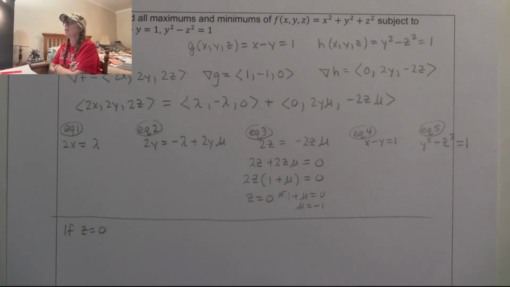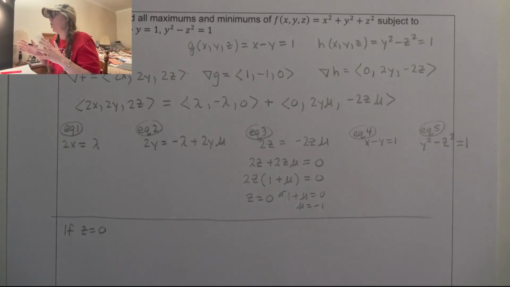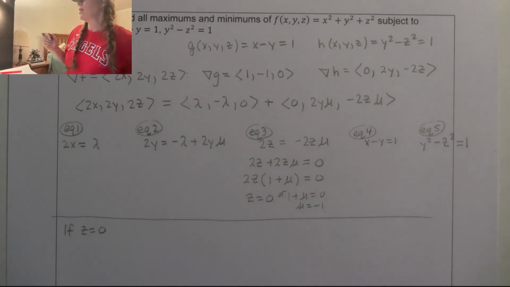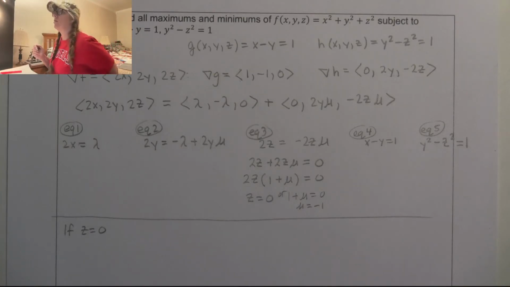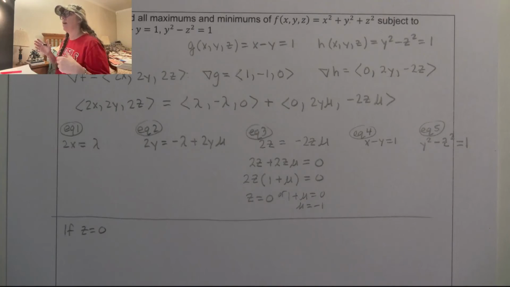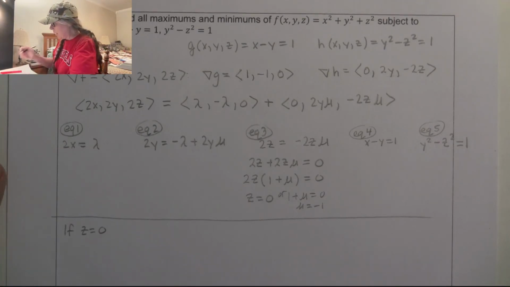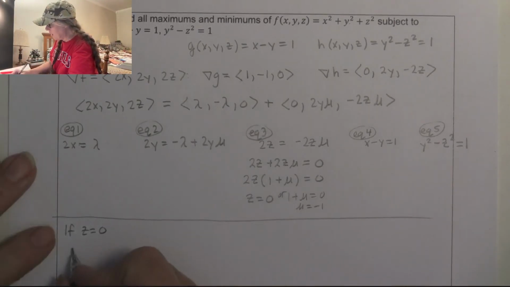Can you see that if I use equation 5 with z is 0, I can find y? It seemed hopeless, right? But all of a sudden, I know a value that solves it. There might be more than one value that solves it, but I know one of the solutions, and that is that z is 0, and so I can use that in equation 5.